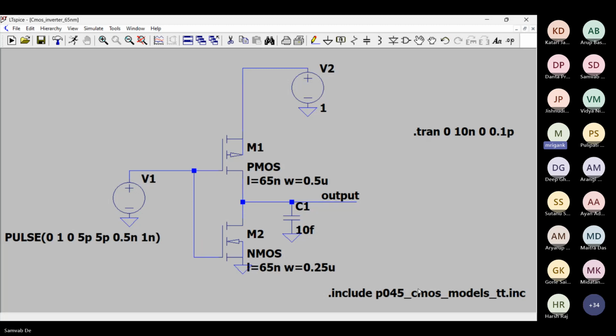If we ignore that, what is the energy dissipated in one cycle? When the capacitor is getting charged from 0 to VDD, what is the energy getting deposited, or what is the energy lost from the VDD in charging that capacitor? Half CV square, right?